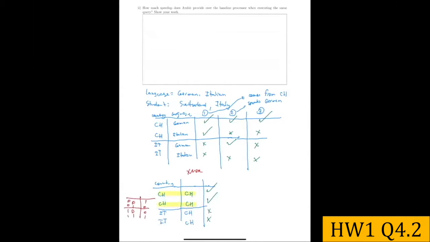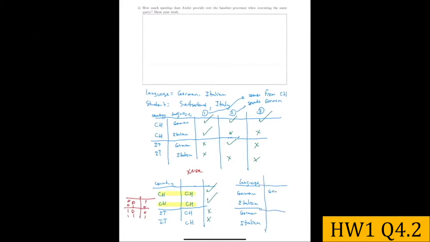So for the next operation, we have the language, and you have German, Italian, and you have German, Italian. And what you want is pretty much German, right?